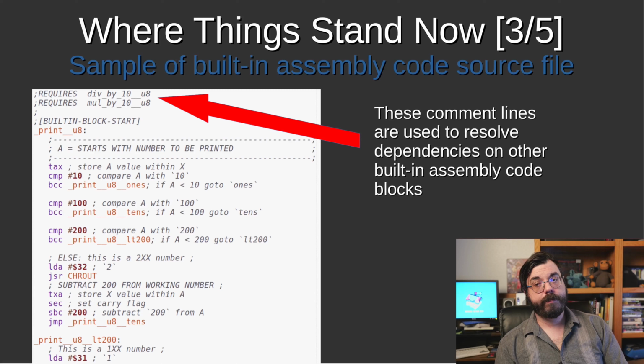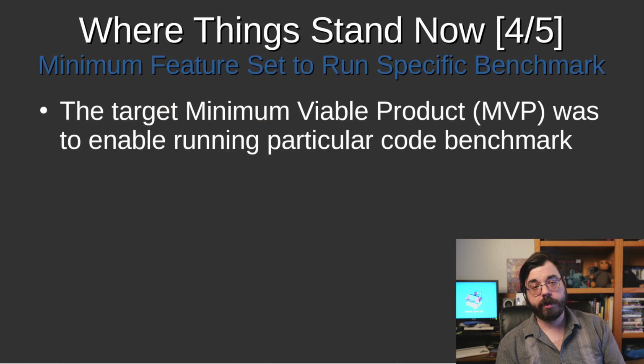So in addition, I have some comments that appear at the start of these built-in code blocks that allow you to conditionally include requirements. It's sort of like a very simplistic C preprocessor include kind of thing. It just identifies those recursively and tacks them in, and so when you compile your program, you get what you're looking for.